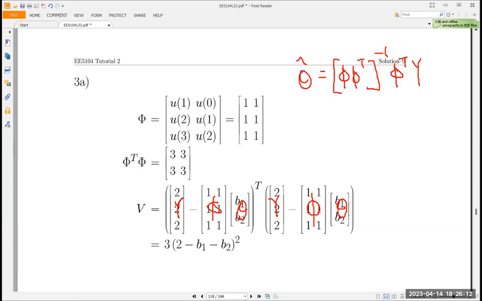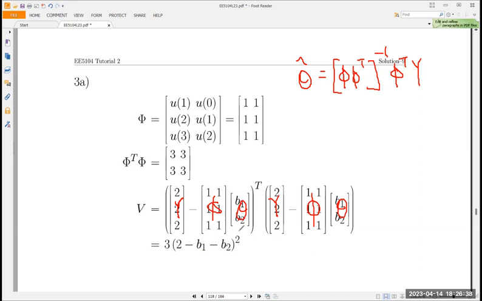So what does that mean? If you go back and see where your V was like that, if you work this out, you will get this. In order to get the minimum, because V is a square function, the minimum is 0.